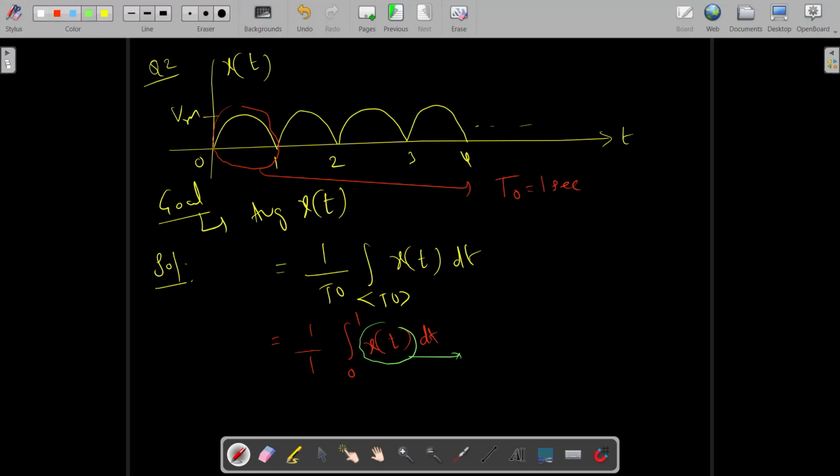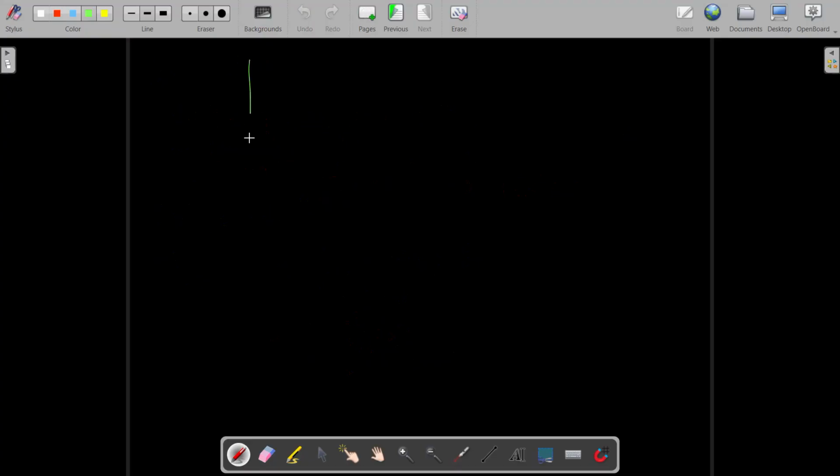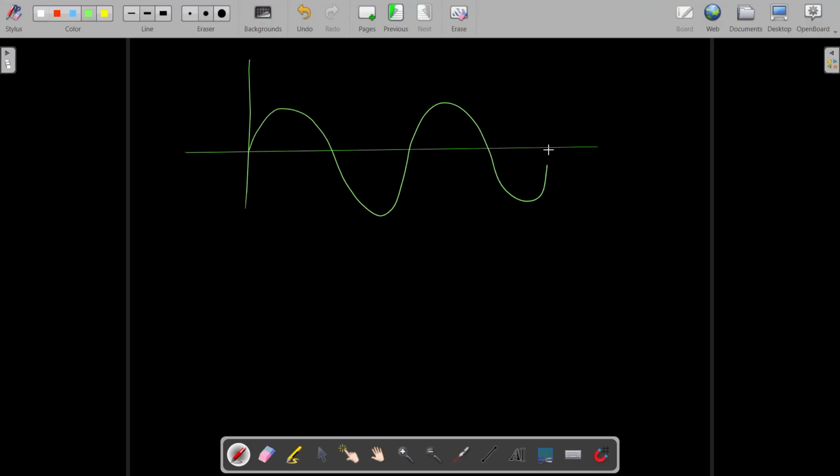So let us go to the next page. If you recall, for a sinusoidal signal, this is going to be our sine signal, which repeats like this. Let us draw it neatly.